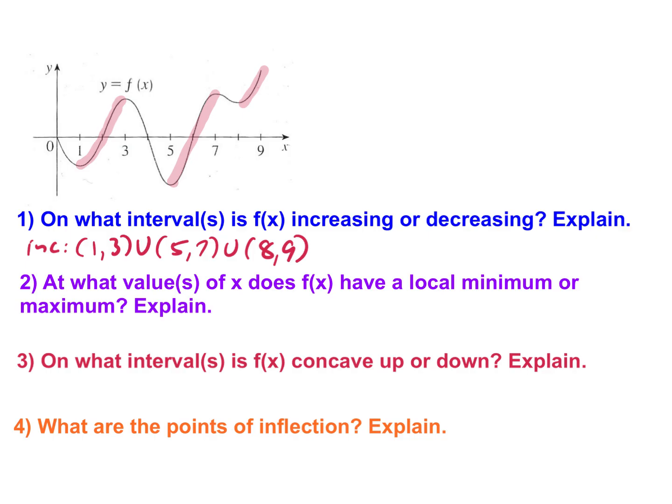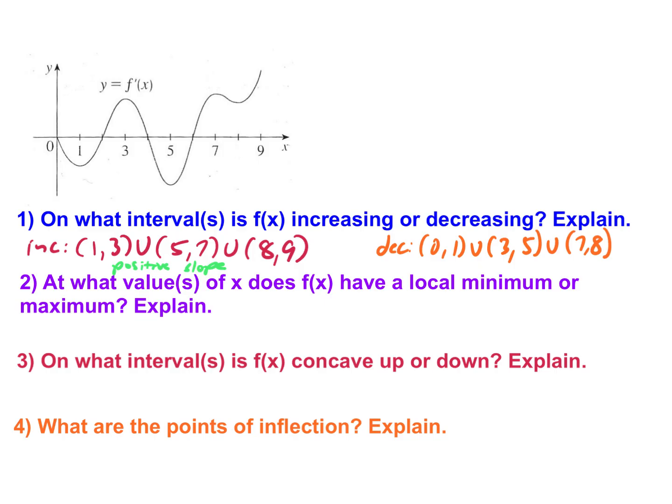All right, then decreasing. At each subsequent slide, that tick mark's going to come back in, and I'm not going to erase it every time. So just know that this is the graph of f of x. Decreasing, of course, all the ones that are going down, because they have negative slopes of the tangent line. Decreasing from 0 to 1, from 3 to 5, from 7 to 8.